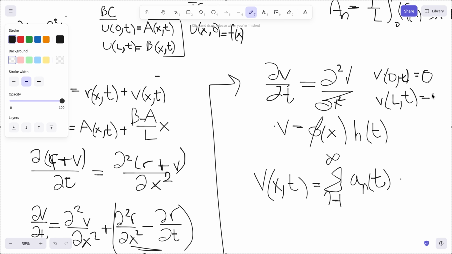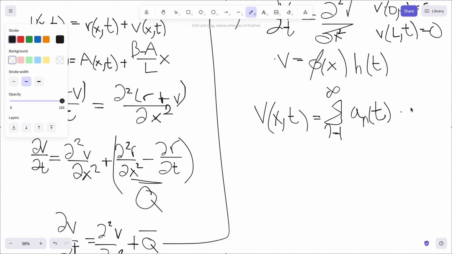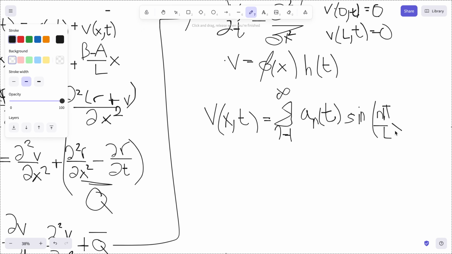And so this would be a Fourier sine series. You can write sine of n pi over L x times e to the minus lambda t, where lambda is equal to n pi over L squared.